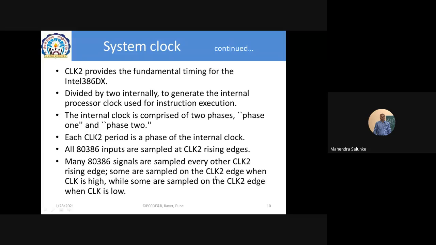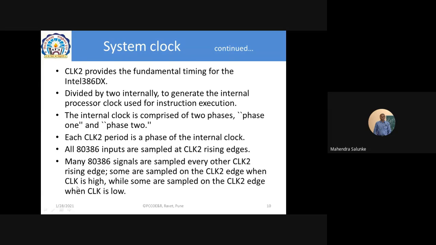Some are sampled on the CLK2 rising edge when CLK is high. Here you can see what CLK is: CLK is your processor clock, and the processor clock has two periods of your CLK2.